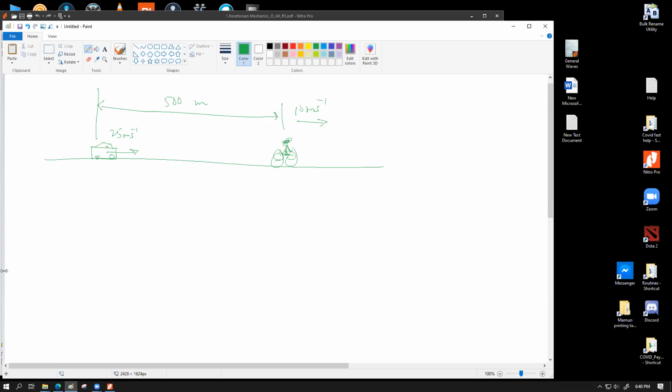The question in this case is, what is the minimum deceleration the car must do to just avoid collision?